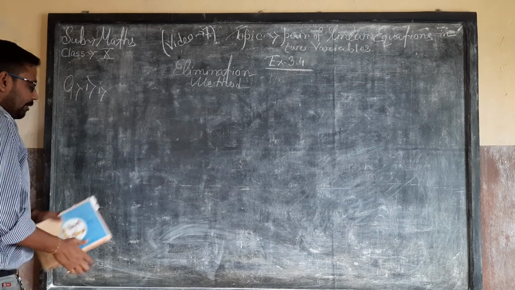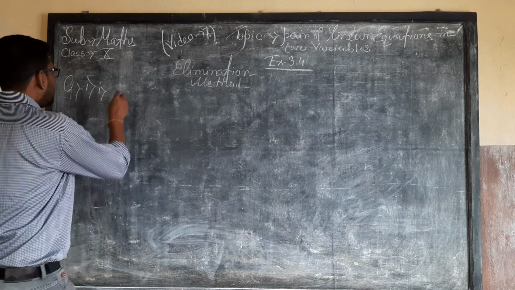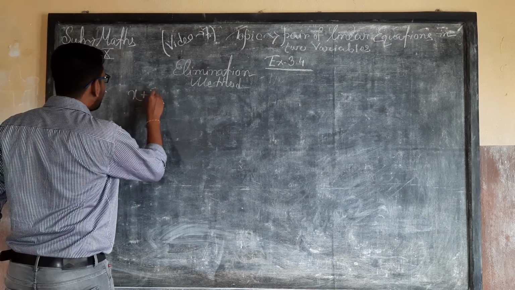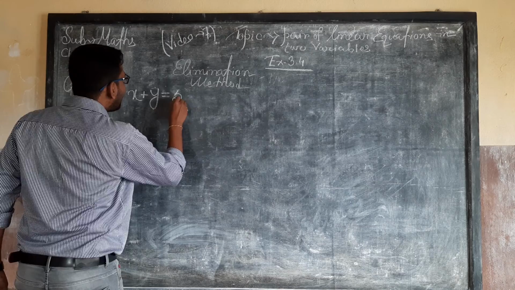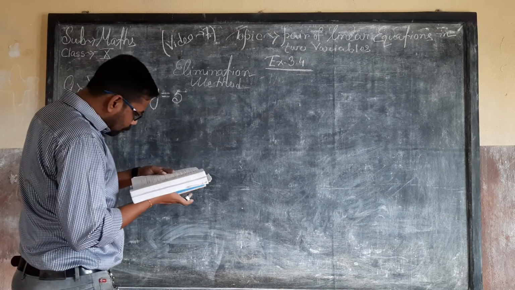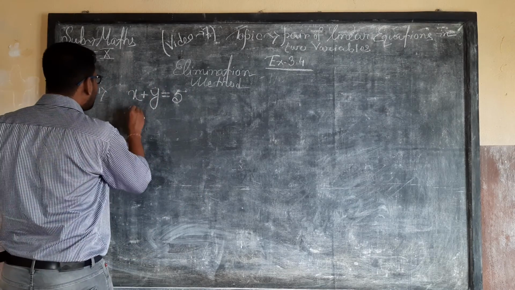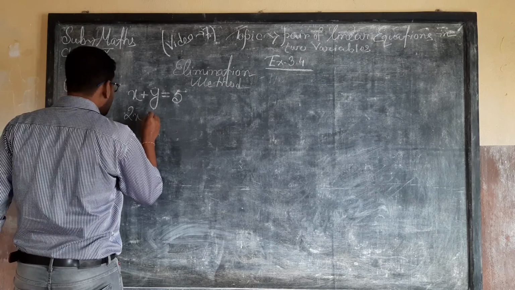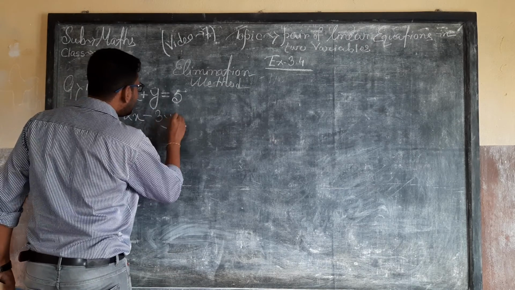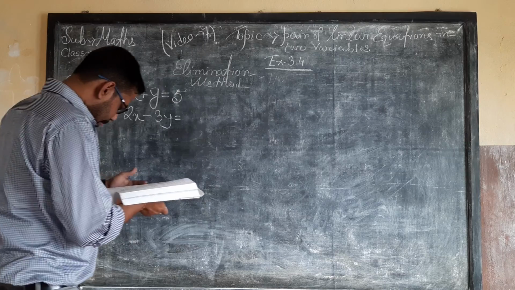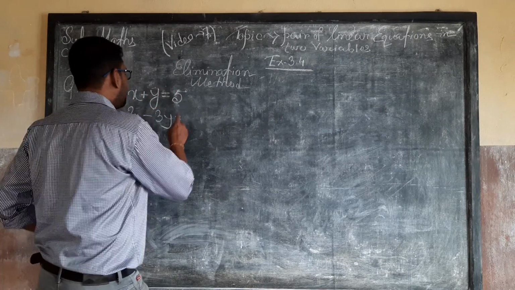Question number 1. The given pair of linear equations is x plus y is equal to 5, and the next one, 2x minus 3y is equal to 4.